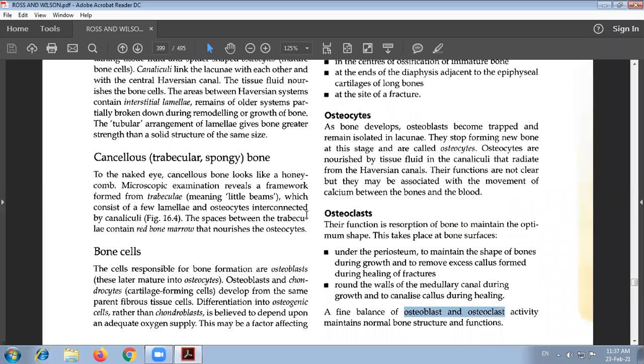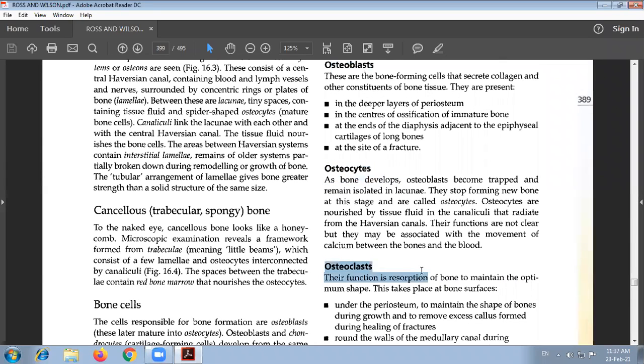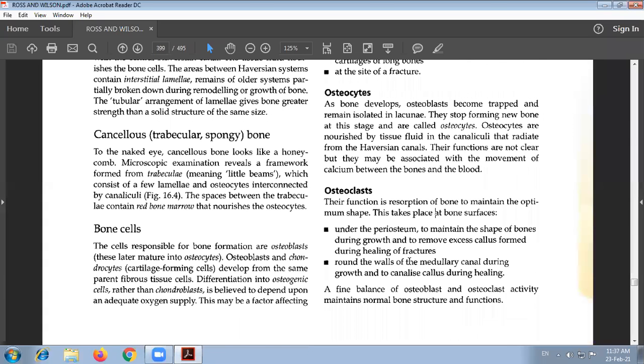So these different cells, osteoblasts, osteocytes and osteoclasts, have a balance between themselves to maintain the bone structure and functions.